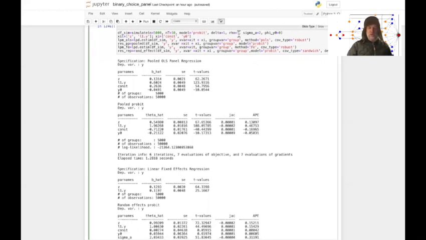Let's do another one here where we just don't worry about the unobserved heterogeneity at all, and see if we can generate the same problems by having correlation with the unobserved effect.